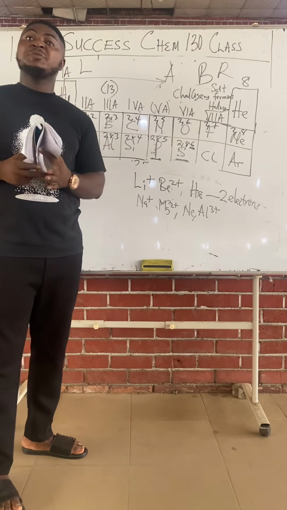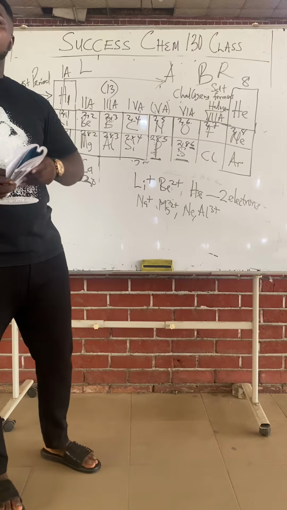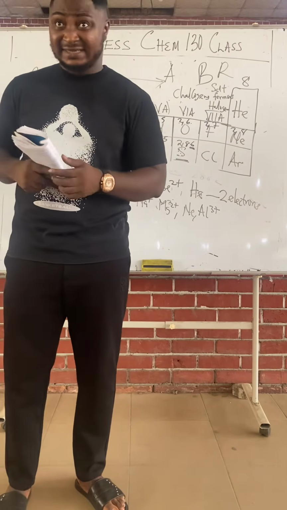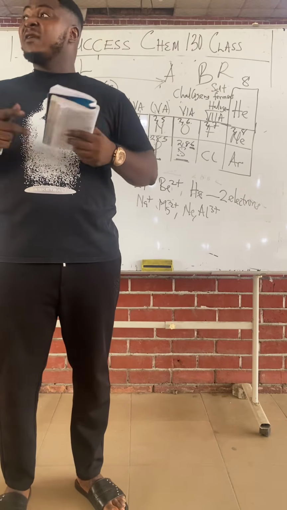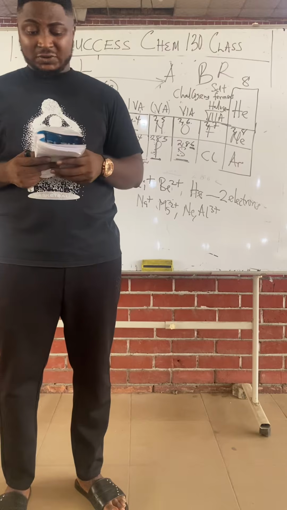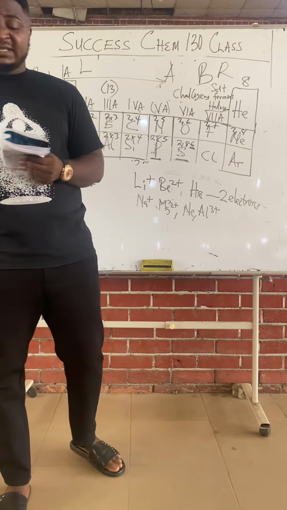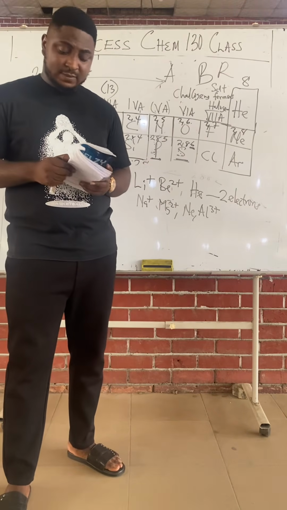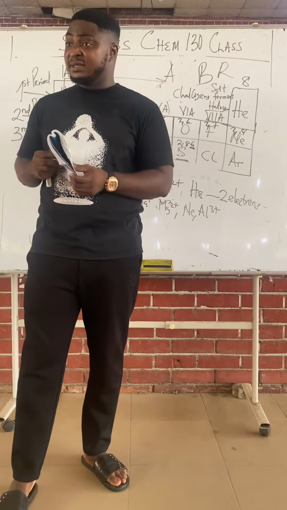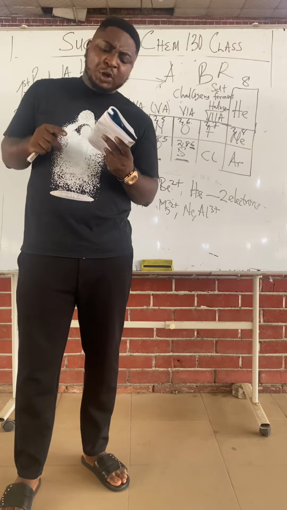Note, for isoelectronic species, because class, you could be given isoelectronic species and asked to arrange them in increasing size. They have the same number of electrons, right? How do we now know who is bigger? Write down. Note, for isoelectronic species, the number of electrons remains constant, but their protons differ.